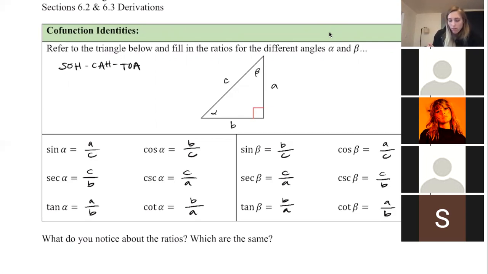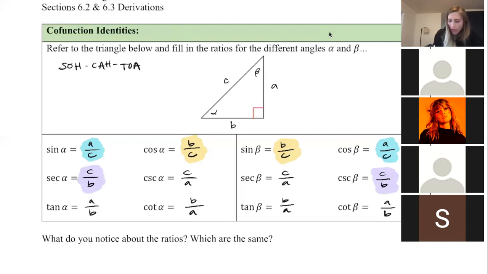Well, look, we have an A over C here and an A over C here. We have a B over C and a B over C. C over B, C over B.